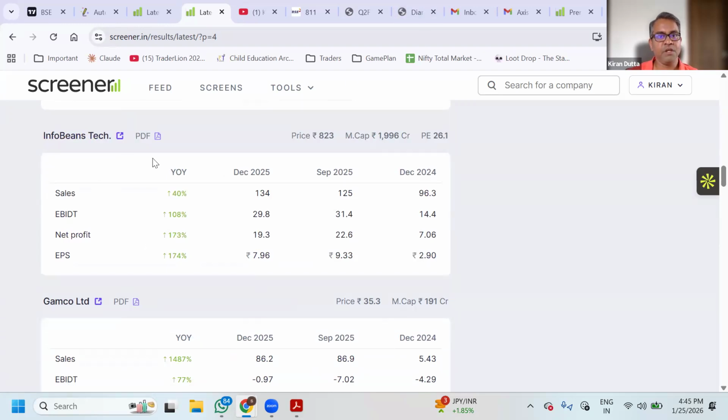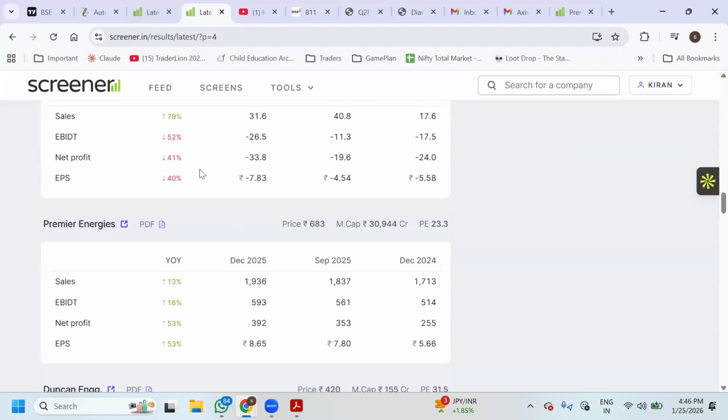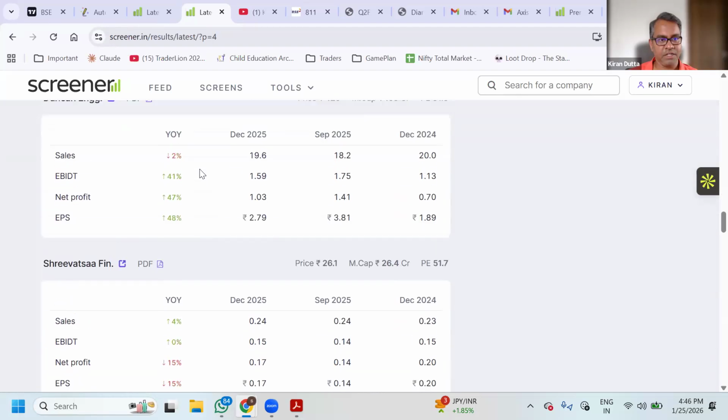Now look at how the sales are. Sales grew 40%, EBITDA grew 108%, net profit grew 173%, and EPS grew 175%. You will get all this information before the market opening itself on the screener page. Keep that in mind.